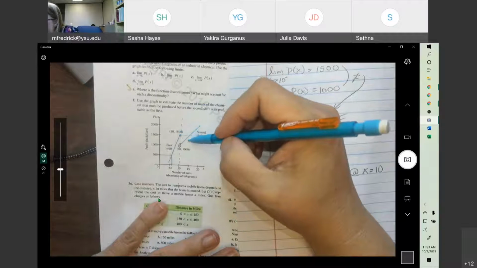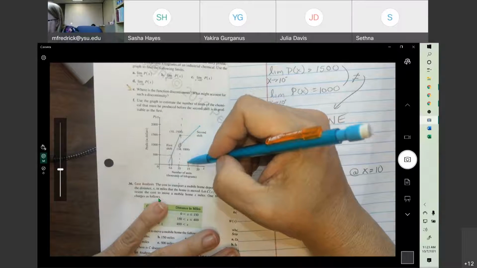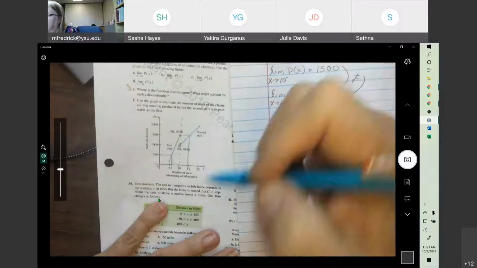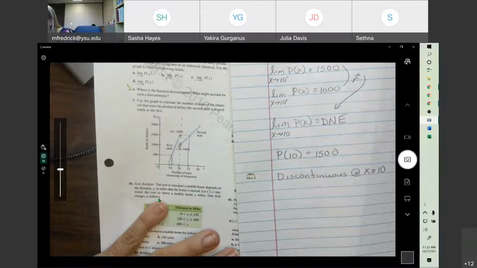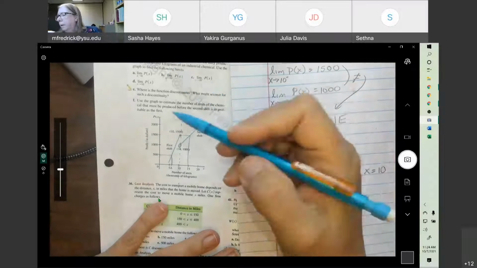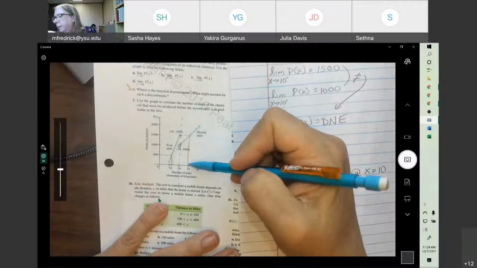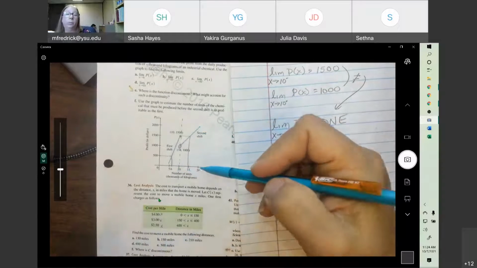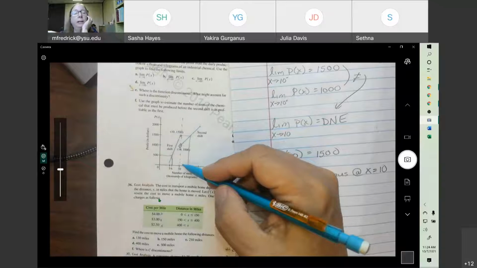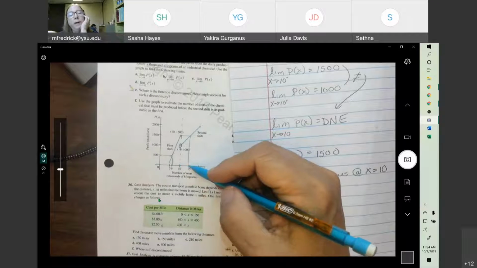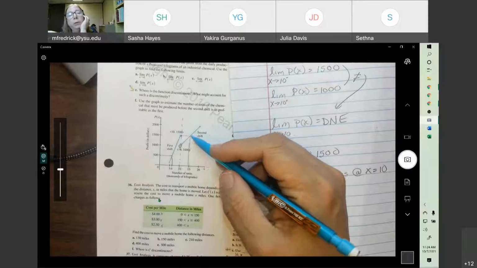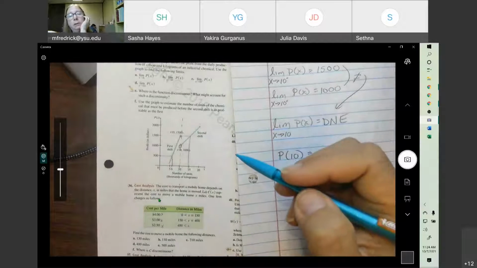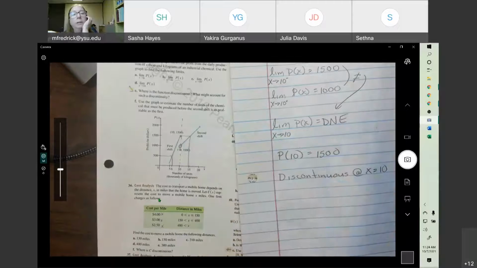And so it would be 15. To get back up where this was, they need to have 15 units. So second shift has to do 5 more because 10's already done. But when they do 5 more, they've got it back up to where it was. So they'd have to do 5 more.